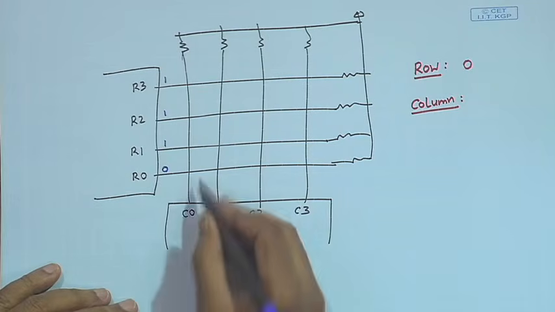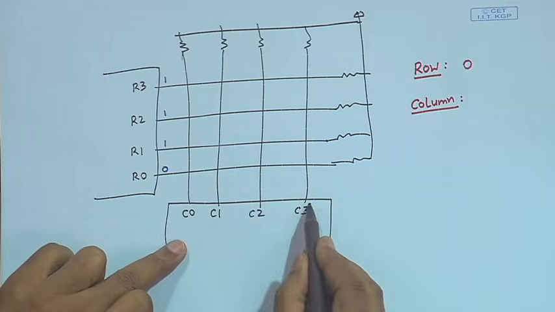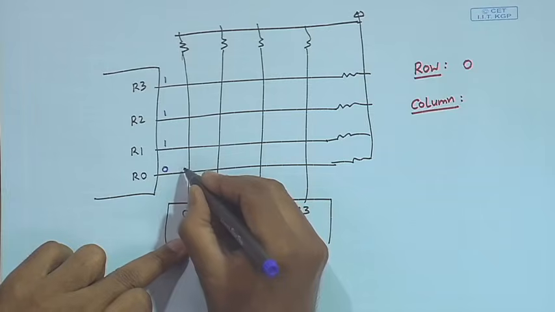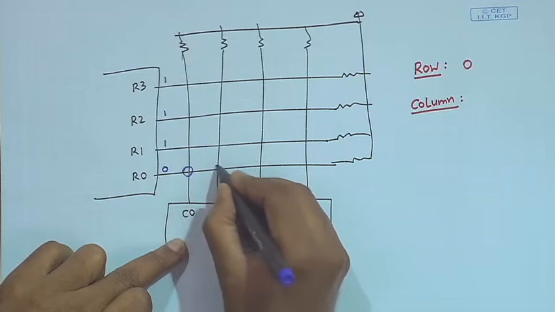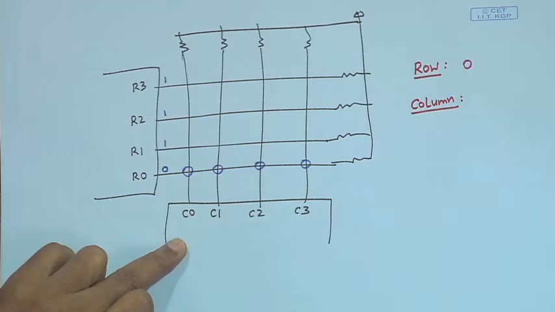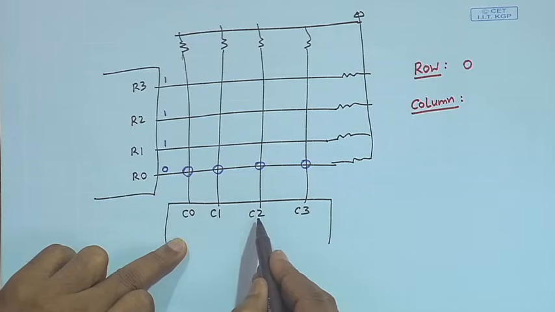Then I read the columns and see whether any of the bits is 0. If any bit is 0, it means one of the keys connected to row 0 must have been pressed, because of that the 0 is coming here.